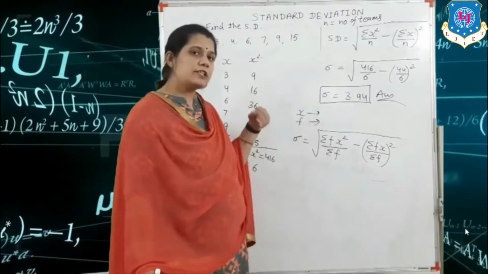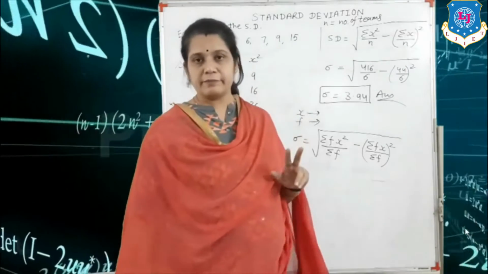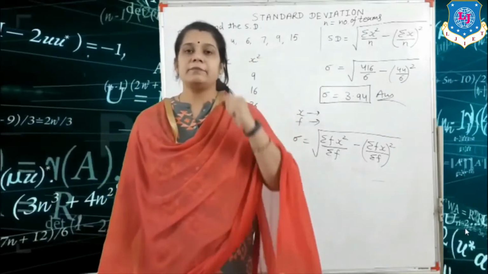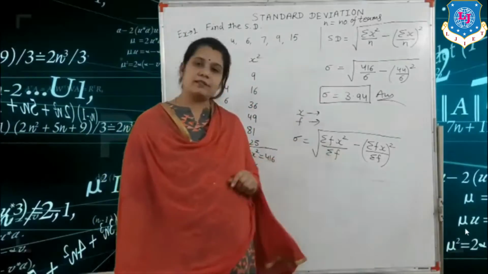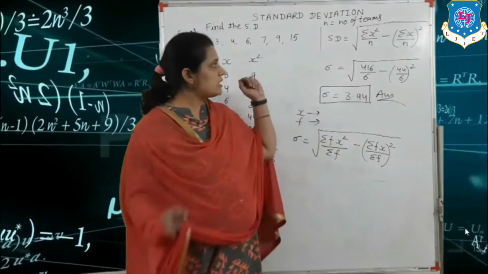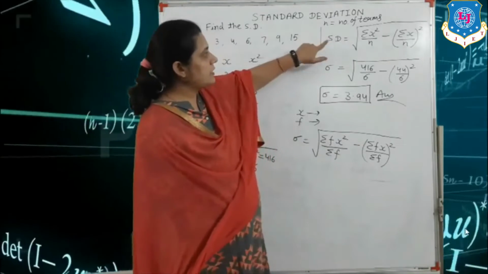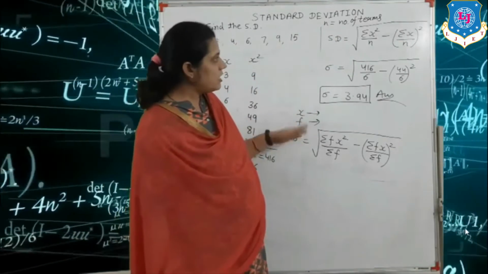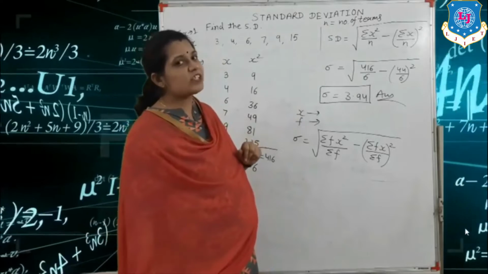If a question gives x and f both, that means we are given the frequency according to the variable x, then we use this formula. So just see both the formulas here. In one we are given only the value of x, and in the other we are given x and f both. So what is the difference?